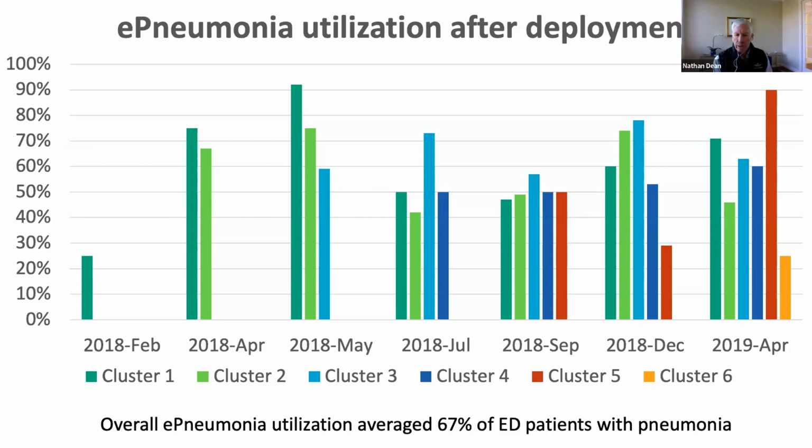The one cluster that had the least uptake were the rural sites. In retrospect, the tool was not very well designed for the small rural hospitals that we have at Intermountain compared to bigger hospitals with emergency departments. About 2/3 of patients overall during the study period had e-pneumonia run by the clinician. Next slide.